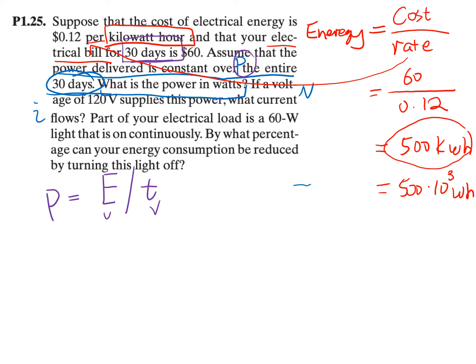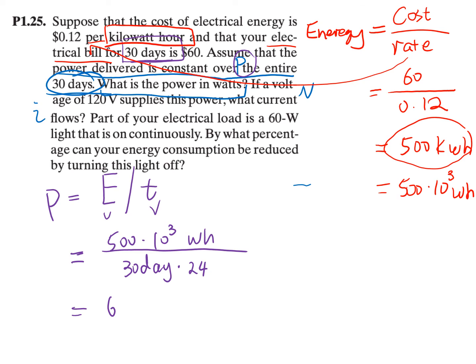So now we can calculate P. 500 times 10 to the 3 watt hours divided by 30 days, and 30 days is, with 24 hours per day, times 24. We get P equal to 694.4 watts. And that's our power P.